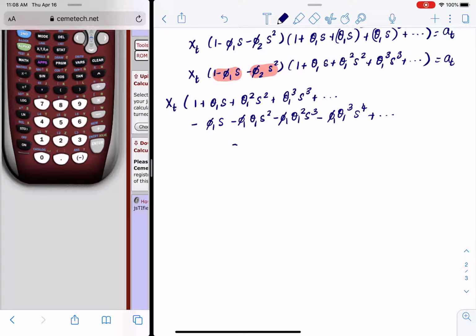I would have negative phi2 s squared, negative phi2 theta1 s cubed, negative phi2 theta1 squared s to the 4, negative phi2 theta1 cubed s to the 5, and so on.